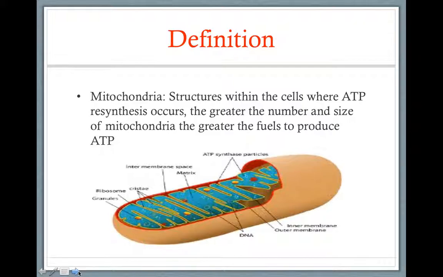So quite simply, mitochondria is where ATP is resynthesized. Remember our first energy system, where we have ATP, flick off a phosphate molecule, it becomes ADP, add another phosphate on, ATP. So mitochondria is quite simply where that process happens, where the resynthesis occurs.